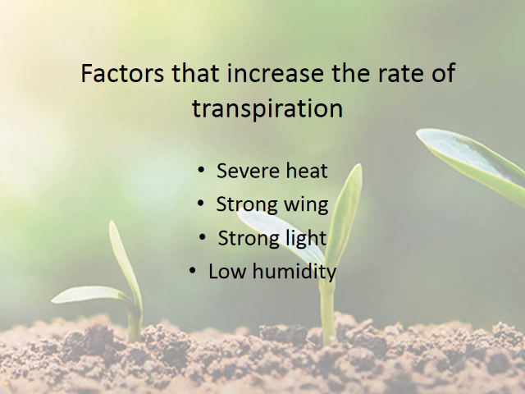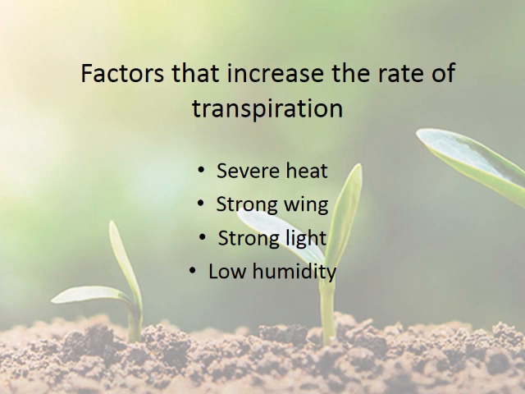Water travels from a high concentration area to a low concentration area through a semi-permeable membrane. These things we already discussed in the lesson on osmosis. Here, in the process of transpiration, the cell membrane acts as a semi-permeable membrane.